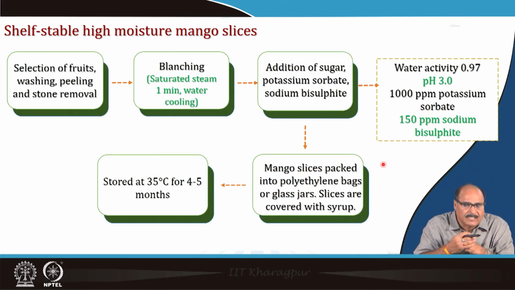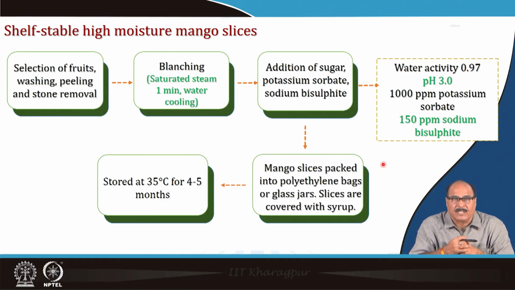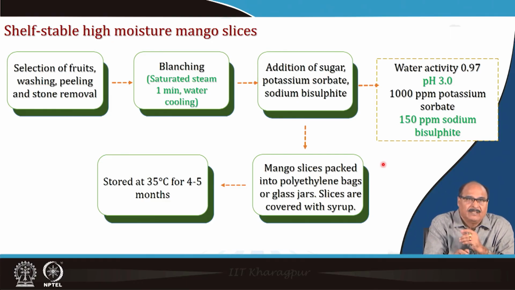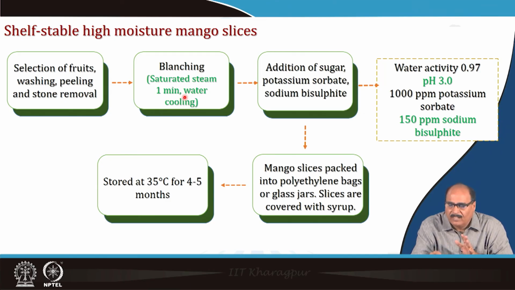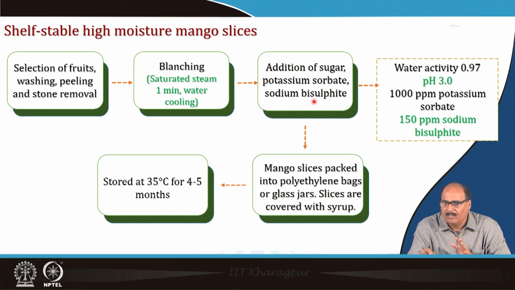Then similarly, shelf stable high moisture mango slices. The mango is peeled, the stone removed, etc. Then the slices are blanched, again in saturated steam for 1 minute, and then water cooled. Then addition of sugar, potassium sorbate and sodium bisulfite. Water activity is maintained at 0.97, pH is 3, and 1000 ppm potassium sorbate and 150 ppm sodium bisulfite is required.